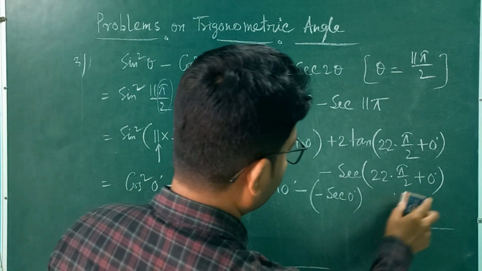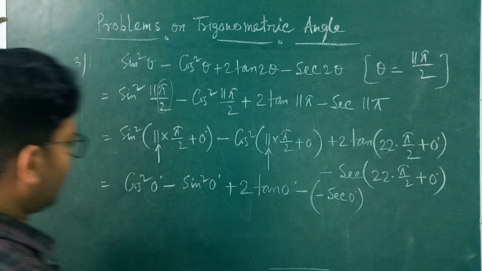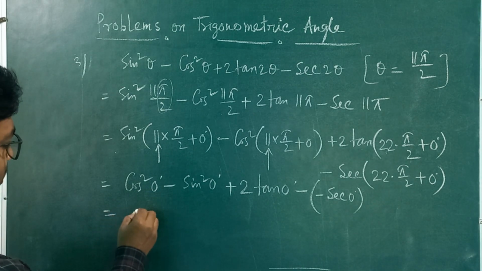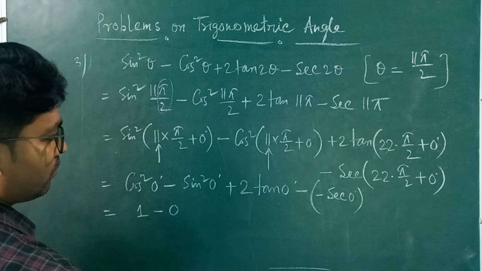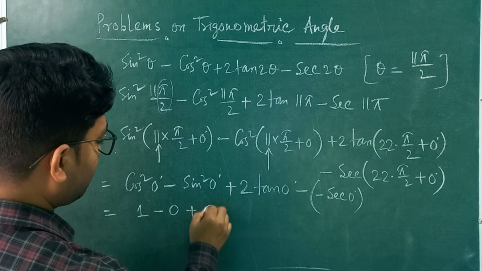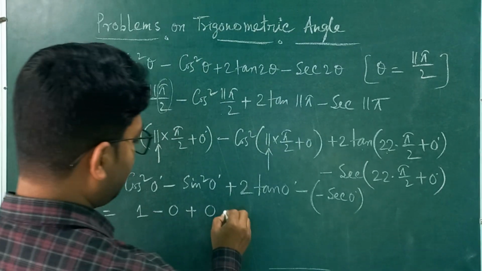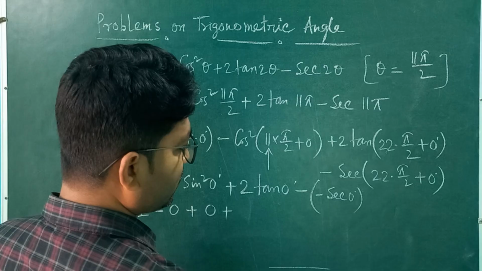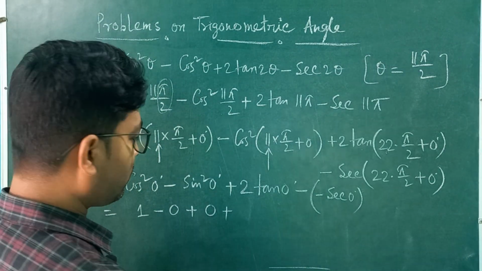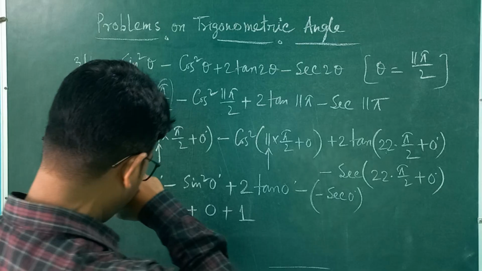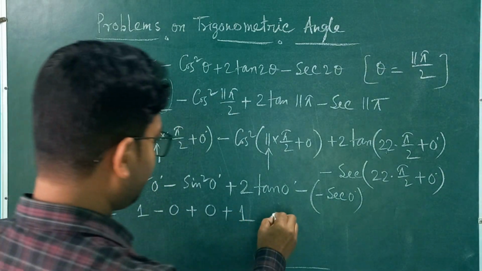So clear? Now replace the values. Cos square 0 means 1, sin square 0 means 0, tan 0 means 0, and this one plus, sec 0 means reciprocal of cos 0, which is 1. So what is my result?